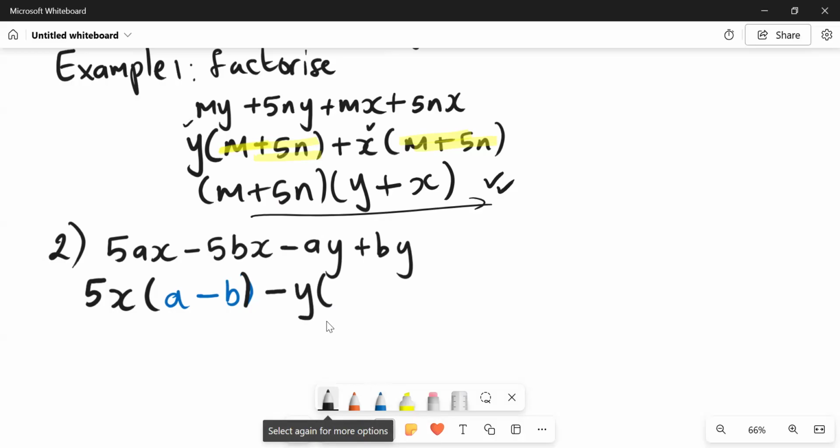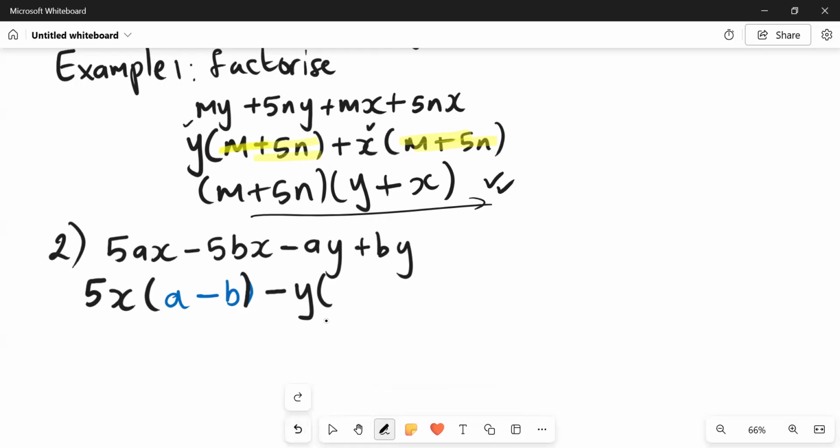There was a video that I've created based on factorizing, where I said when you take out the common factor of -1 from a bracket, then the signs within the bracket will eventually change. So it's the same as taking out the common factor of -1 here. So the signs here will eventually change.